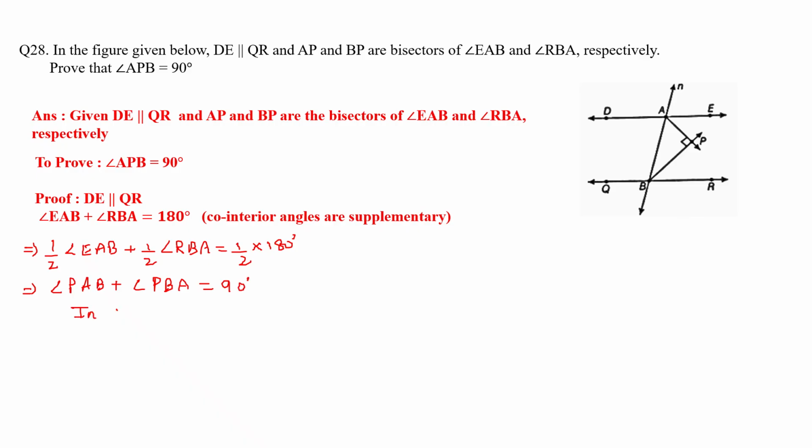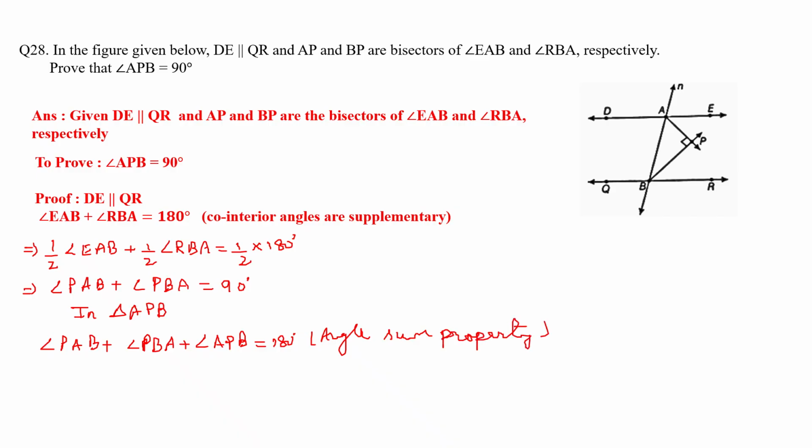Now, in triangle APB, angle PAB plus angle PBA, sorry, this is PBA only, plus angle APB will be 180 degrees, and the reason is the angle sum property of a triangle, isn't it?